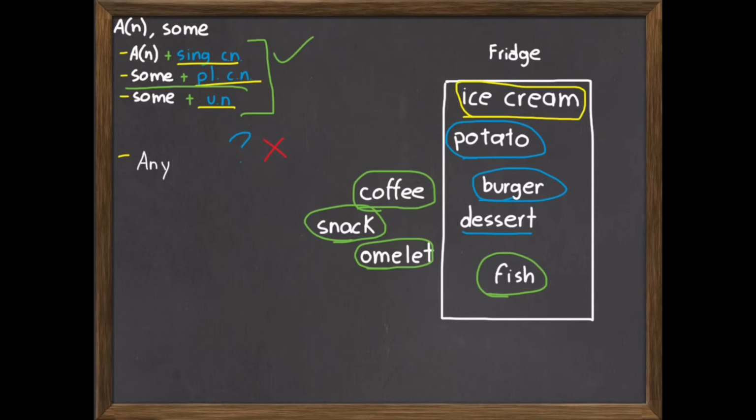So we can also use some for countable nouns which are complete, or uncountable nouns which are already cut or already eaten, part of the omelette, for example. Okay, so those were some examples. I hope you understand better the use of some and any.